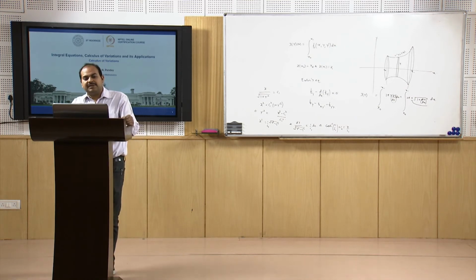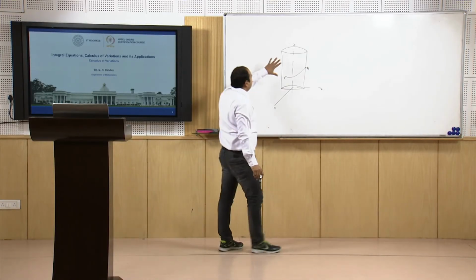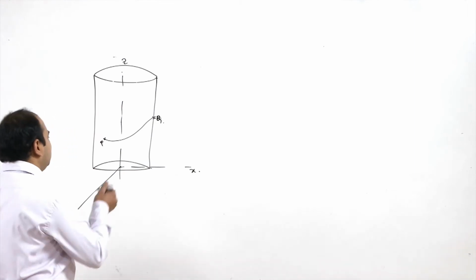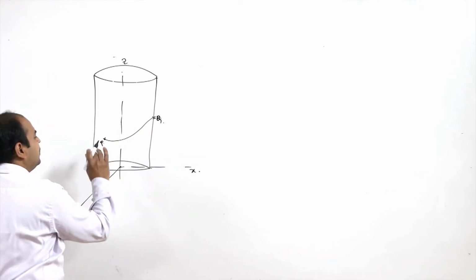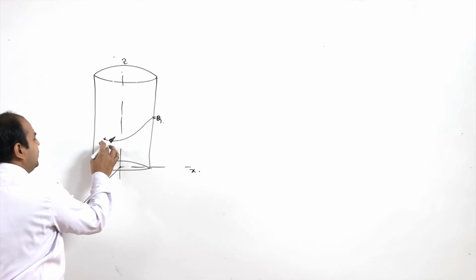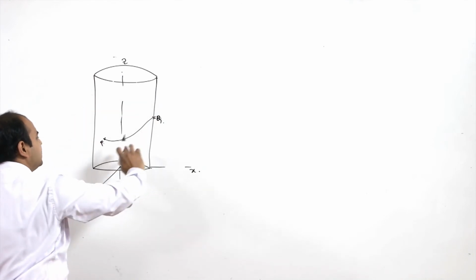The example is: find the geodesics on a right circular cylinder of radius r. So here we have a right circular cylinder, and we take 2 points P and Q on the cylinder. We can connect P and Q by some curve lying on this surface only.